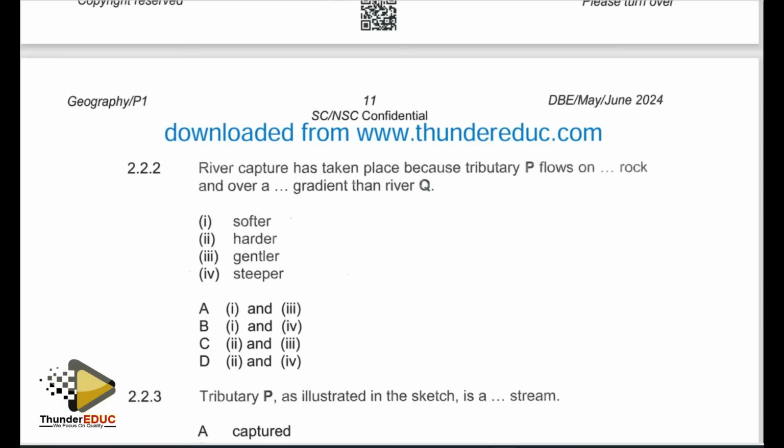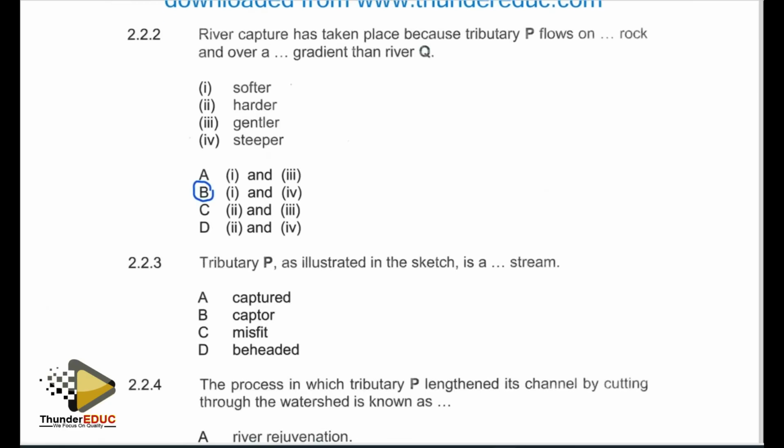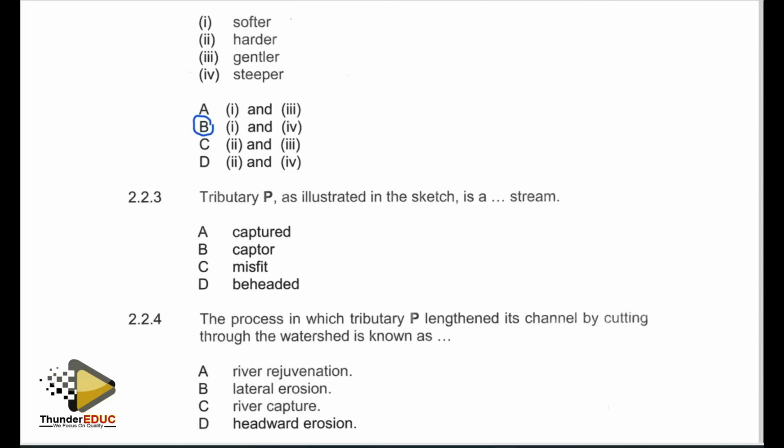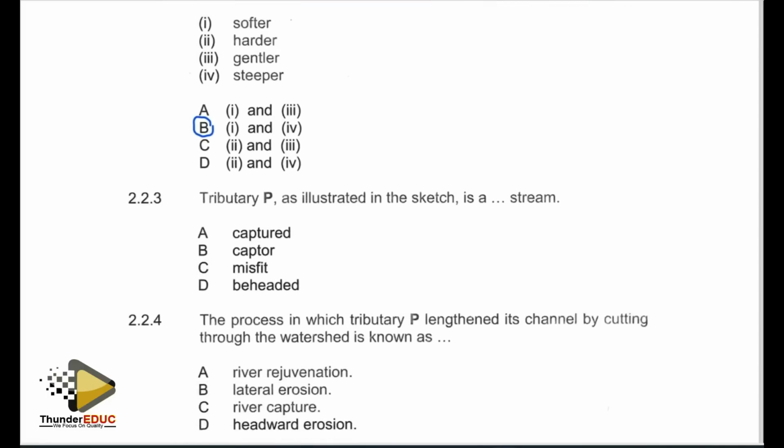It approaches a river which is high-lying so that it erodes headwardly across the watershed and is able to reach the other drainage basin. So item number 1 for softer and item number 4 for steeper gradient are the responses relevant to that question, and the combination comes with option B, which is item 1 and item 4. Right, we move on to question number 2.2.3.